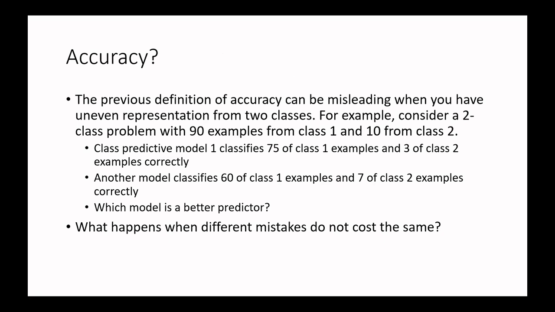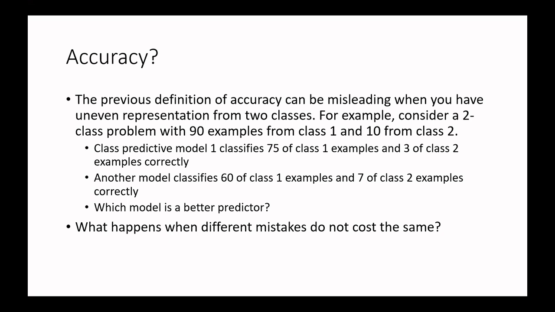If the classes are present in a more or less equal proportion, for example, you're looking at classification of 100 examples or 100 test cases, and in those 100 test cases, you have examples from two classes, and they are more or less 50-50 or maybe 52-48 or 55-45, in that situation, accuracy makes sense.